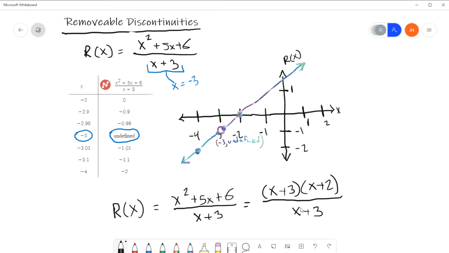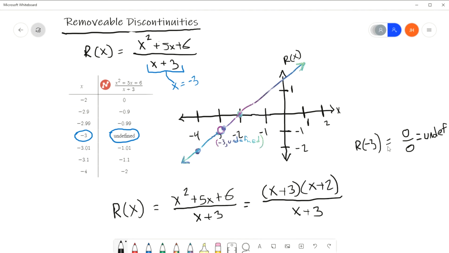So what we can observe is in this function r of x, when I plug negative 3 in, I should be getting out 0 on top and 0 on bottom. Now, 0 divided by 0 is actually still going to be undefined because it's still a division by 0.